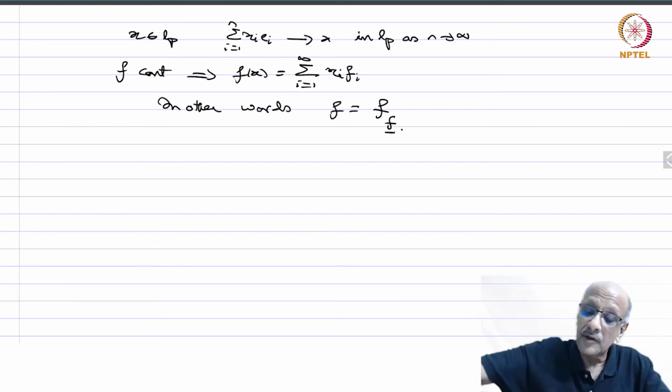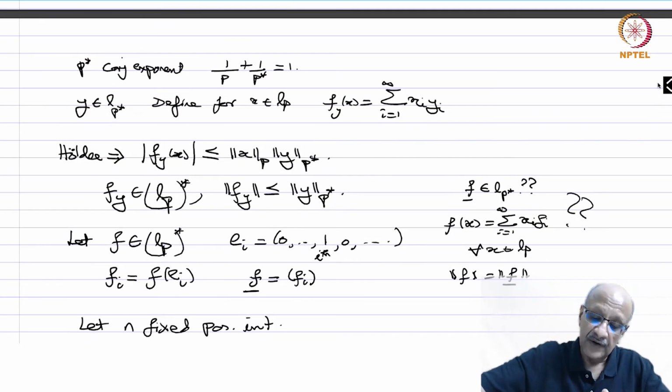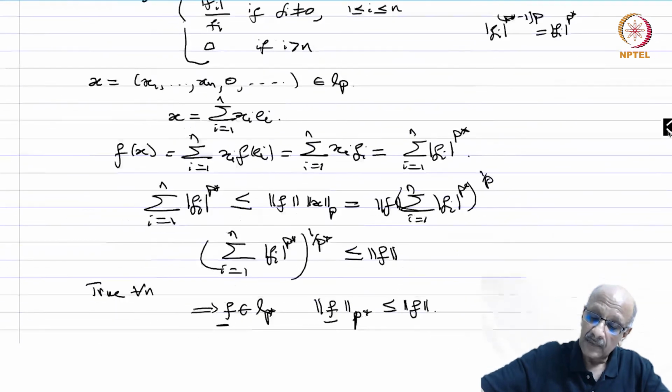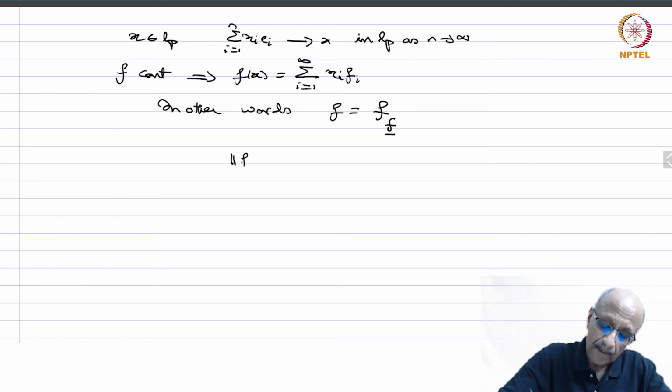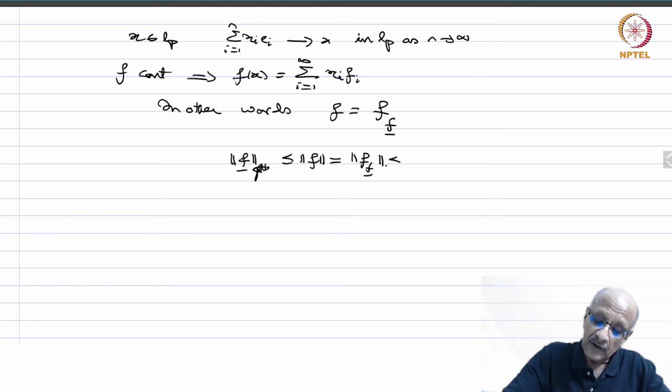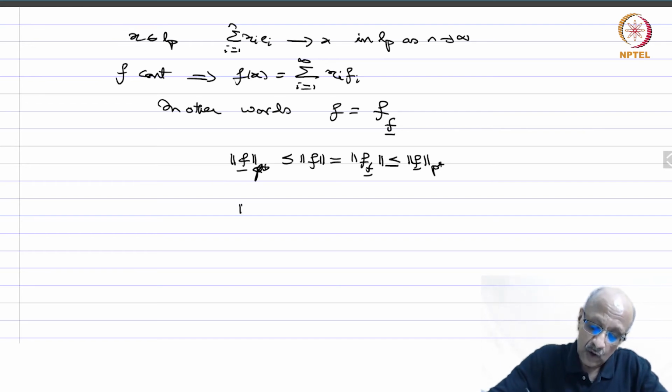We remember the notation which we used, f y, which we defined like this. So therefore you have the same thing. And what have we shown? We have shown that norm of f bar in LP star is less than or equal to norm f, and norm f is less than or equal to norm f bar in LP star, and therefore the two norms are equal.